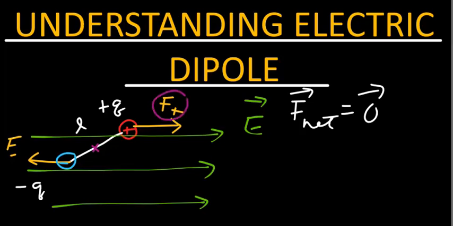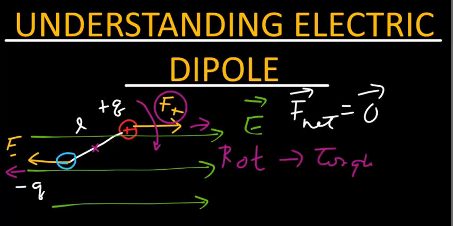Since F+ is acting rightward and F- is acting leftward, the configuration of these two forces will tend to rotate this dipole in a clockwise direction. That means when there is a potential rotation, there is a potential torque, and that is what we want to calculate now.